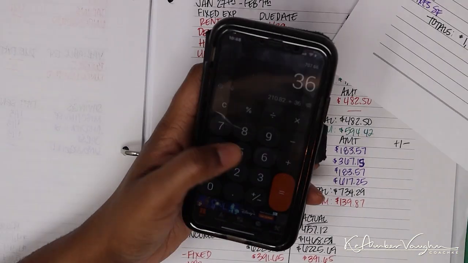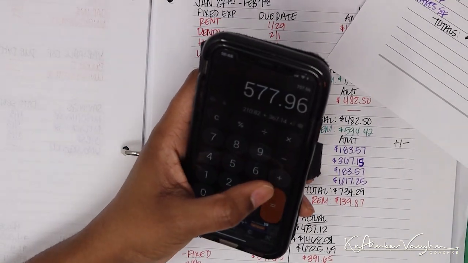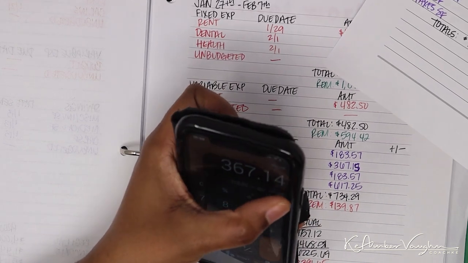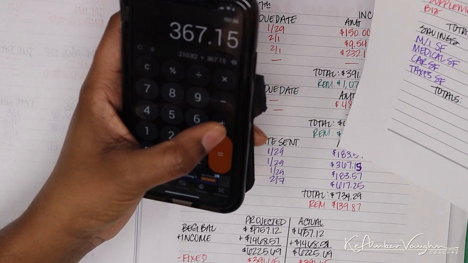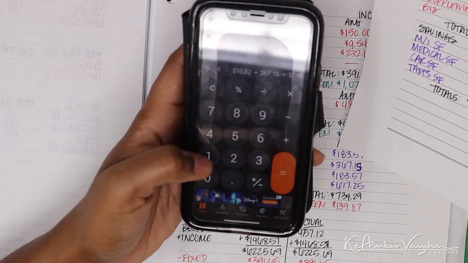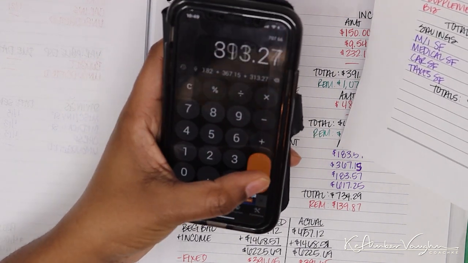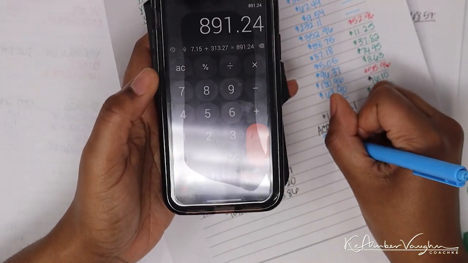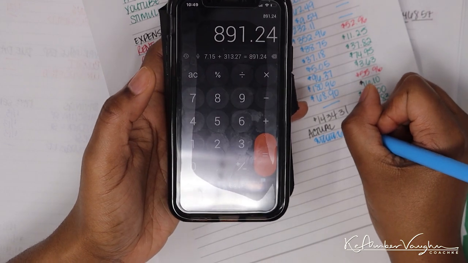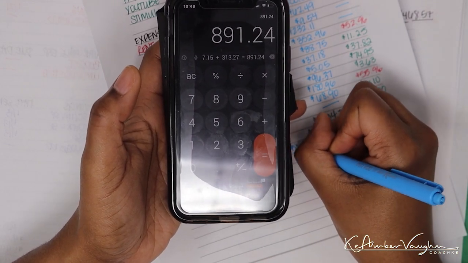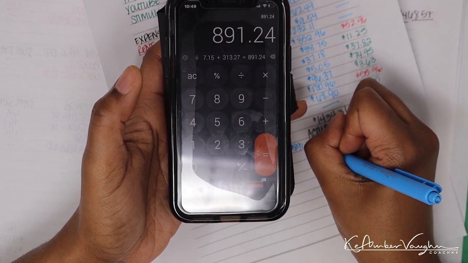I sent $367.15. Then I sent another $313.27. I knew it. I hate making mistakes. Okay, so what I actually sent was $891.24.